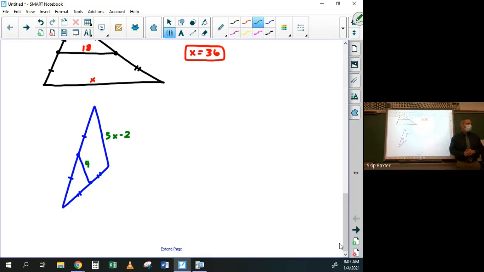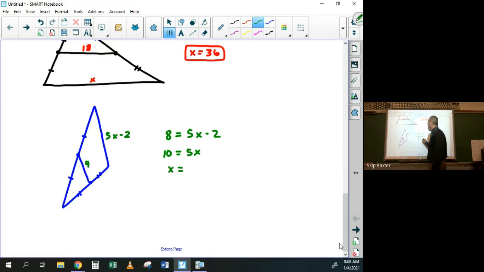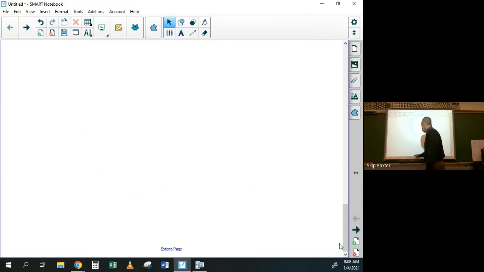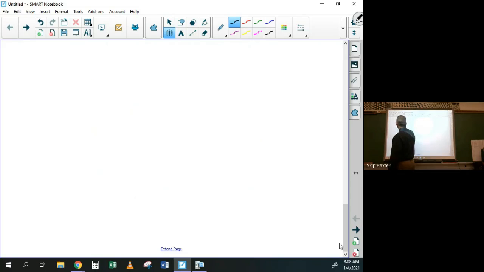What would you do? How could you find it? Say it again? 4 multiplied by 2 equals 5x. Yeah, so if this is 4, this has to be 8, so you just say 8 equals 5x minus 2. So that's pretty easy, right? So you say 10 equals 5x, and x is 2. Okay? The algebra might get a little harder, but it would still be just a linear equation.